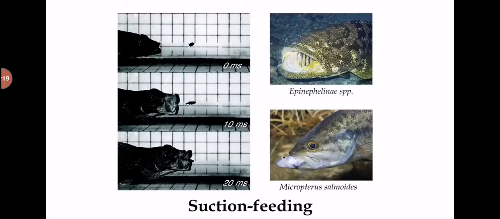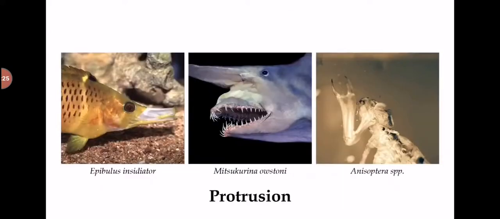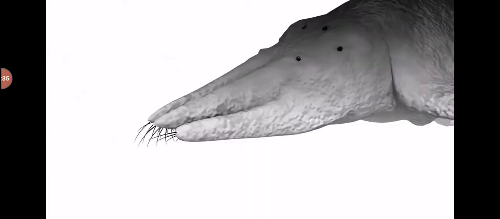Some, like groupers and bass, use suction feeding to draw the prey and the surrounding water into the mouth, while others, like the slingjaw wrasse, goblin sharks, and dragonfly larvae, have extendable jaws that can dart forward to grab prey without producing appreciable turbulence.